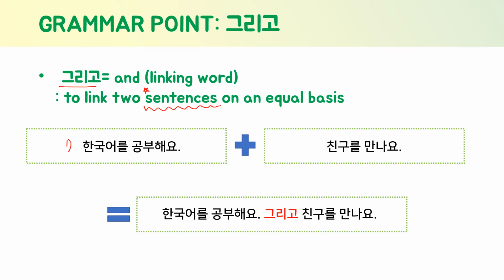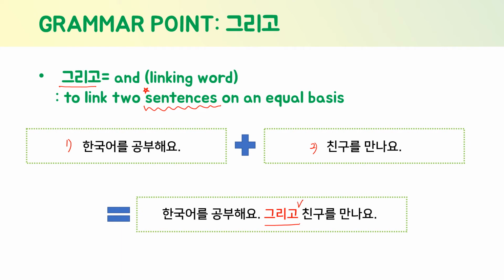The first sentence is 한국어를 공부해요. Study Korean. And the second sentence is 친구를 만나요. Meet friends. So when we link these two sentences, all you need to do is add 그리고 in front of the second sentence.